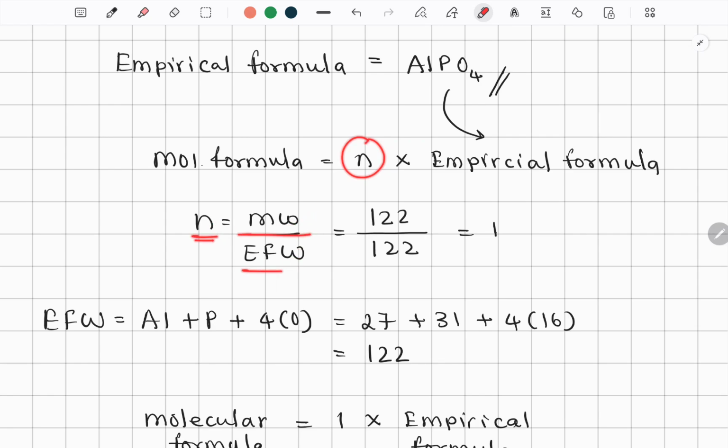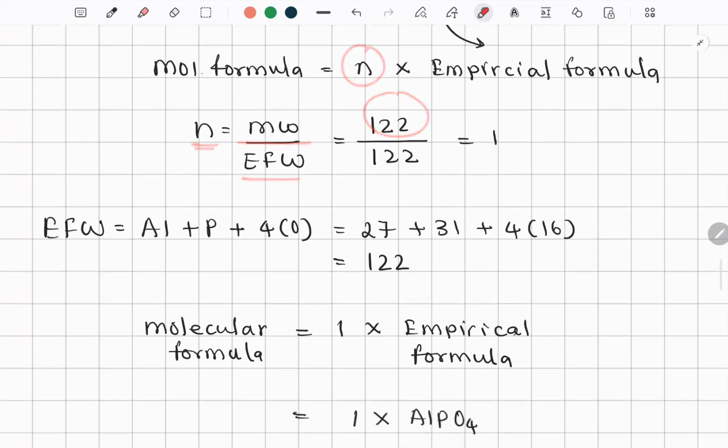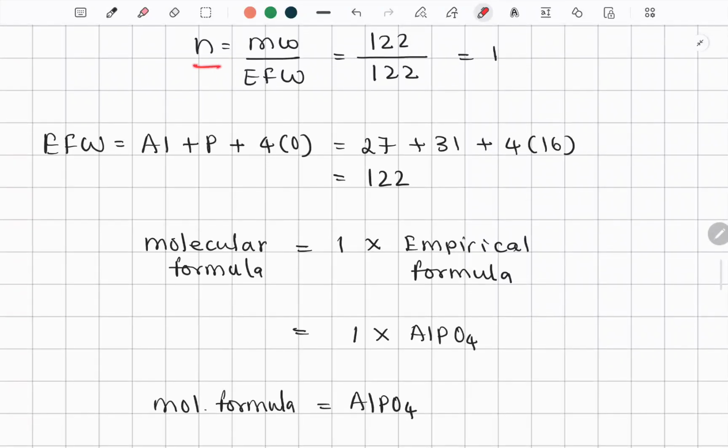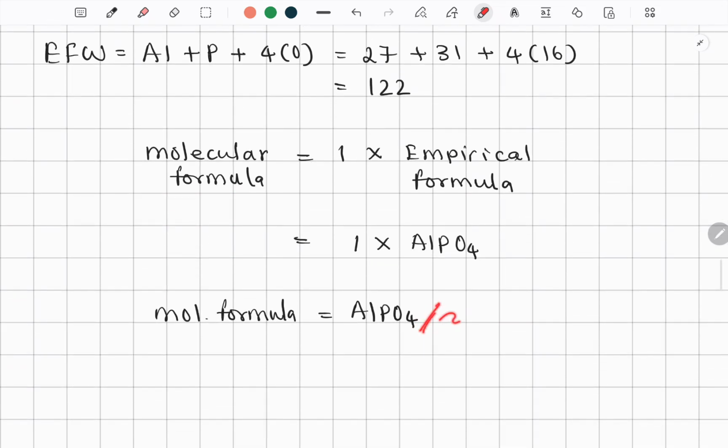So n is the molecular weight upon empirical formula weight. The molecular weight was given in this question, and the empirical formula weight we calculated using this part. So the value of n came out to be 1, which is very important. It can come in the MCQ questions as well, that whenever the value of n is equal to 1, the molecular formula becomes equal to the empirical formula. Okay, and that's how we solve this question.